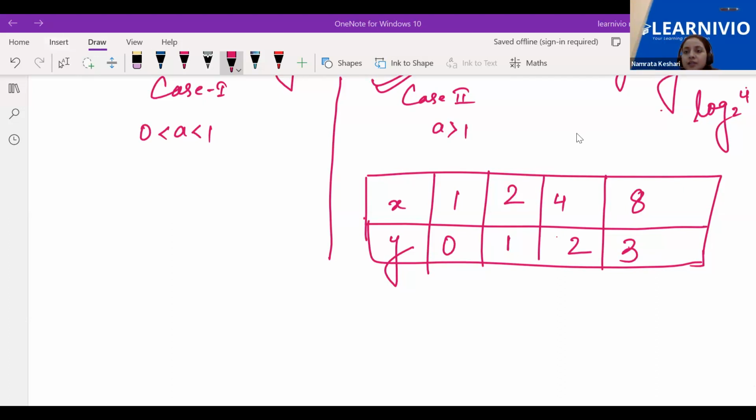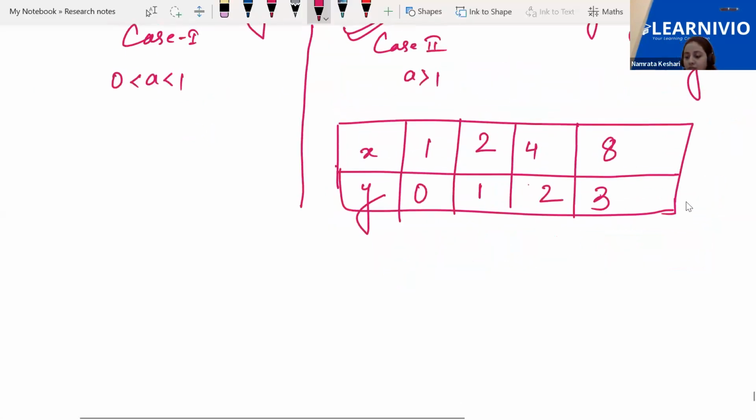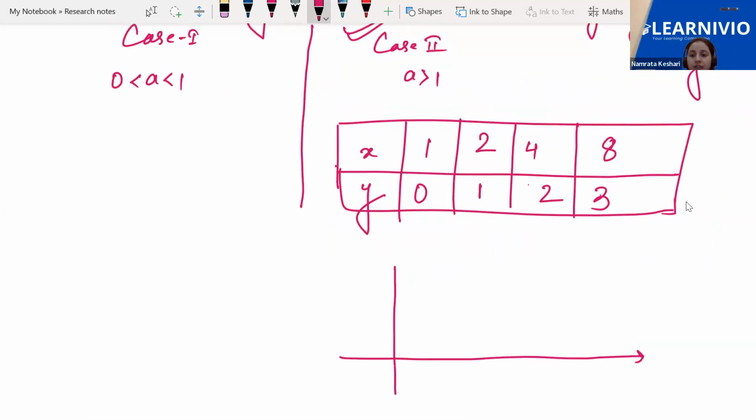Let's continue. Let's try making the graph. X-axis, y-axis. Okay, 1, 2, 3, 4, 5, 6. Since we are also taking 8, I'm extending to 7 and 8.